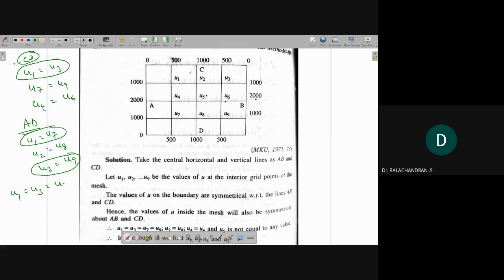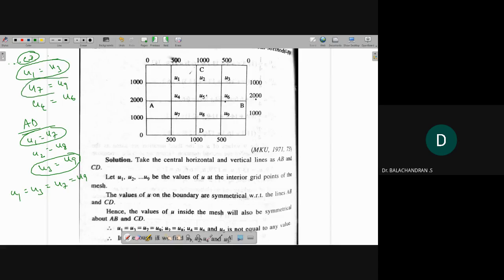U7, and U3 is same as U9. So all are equal. And the remaining you have what? U7, U9 also.